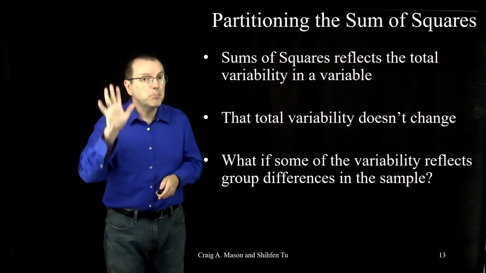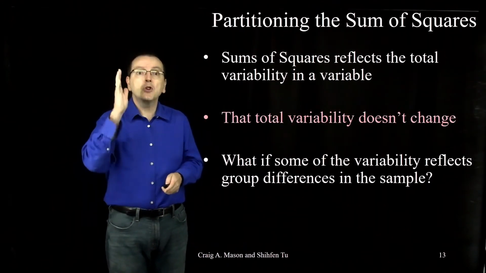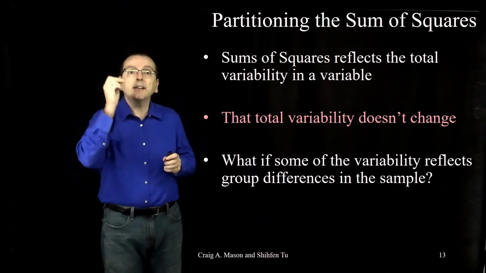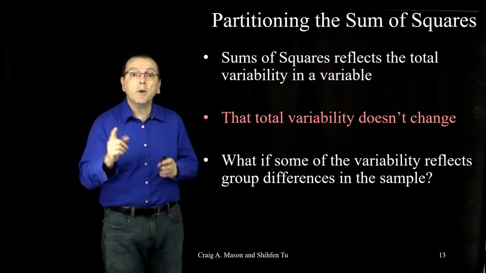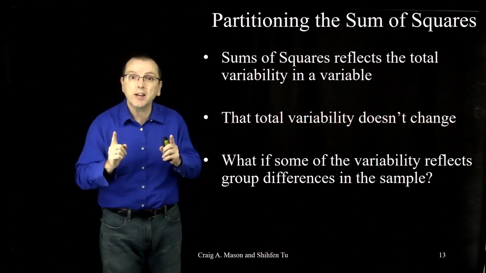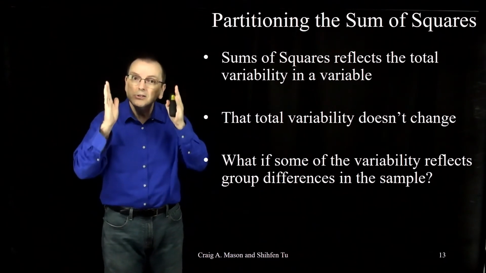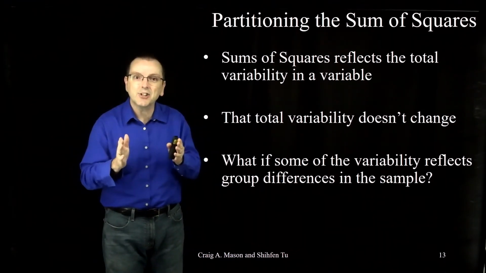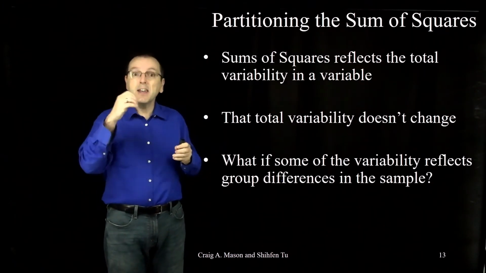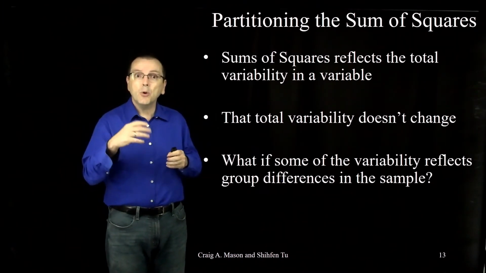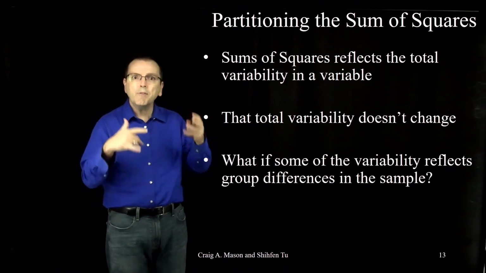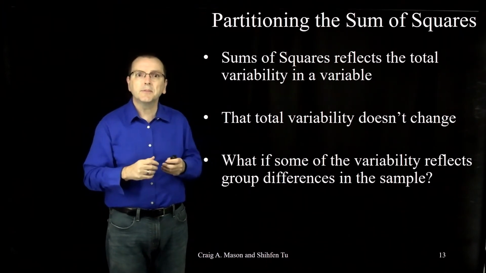Now, it's important to remember that the total variability, that sum of squares we started with, has not changed. It's exactly the same as it was at the start. The scores haven't changed. It's just that now I see that those scores are also reflecting group differences.